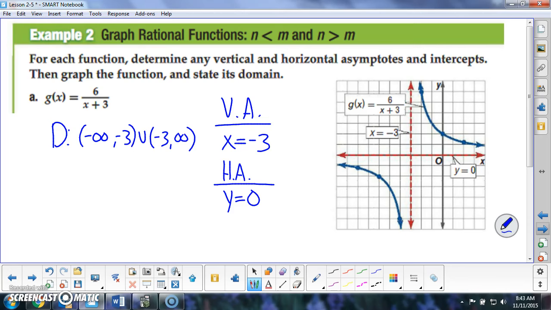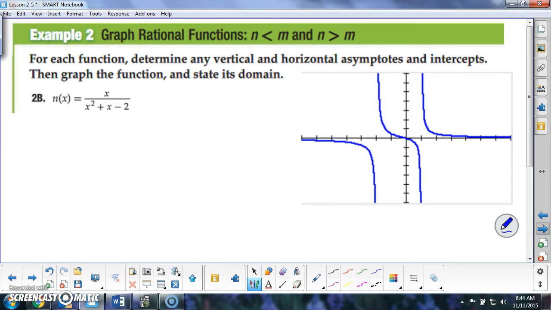Now we also need to identify the intercepts. Okay, so you can see that it crosses the y-axis at 2. And then of course it doesn't cross the x-axis, so that's the only intercept that we have.